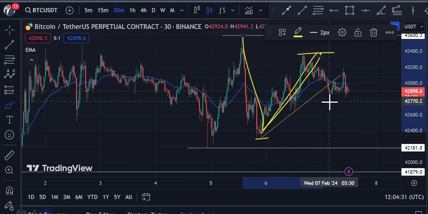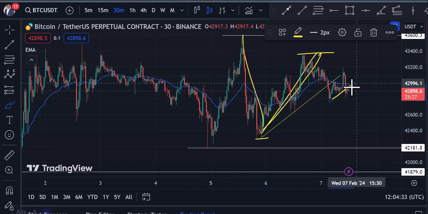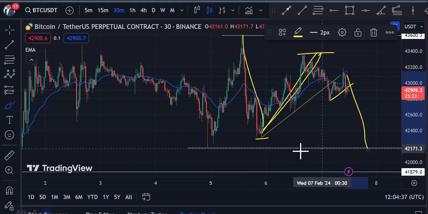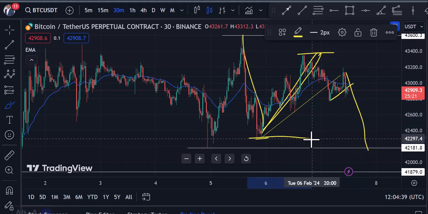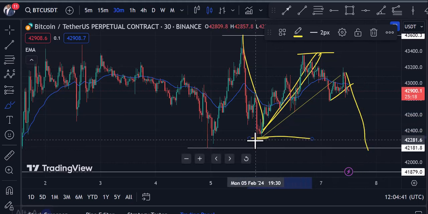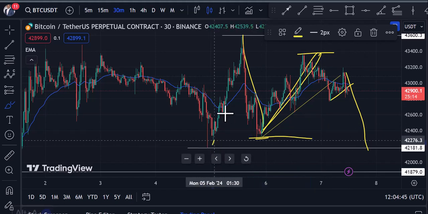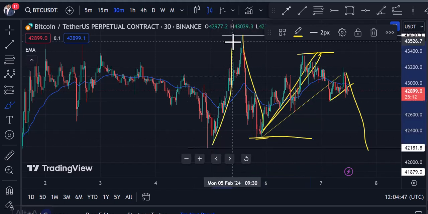Bitcoin has broken the trend, so probably we should be expecting this market to at least break this low, because we have had an impulse. This is my first impulse. Impulses are sharp moves in the direction of the trend.